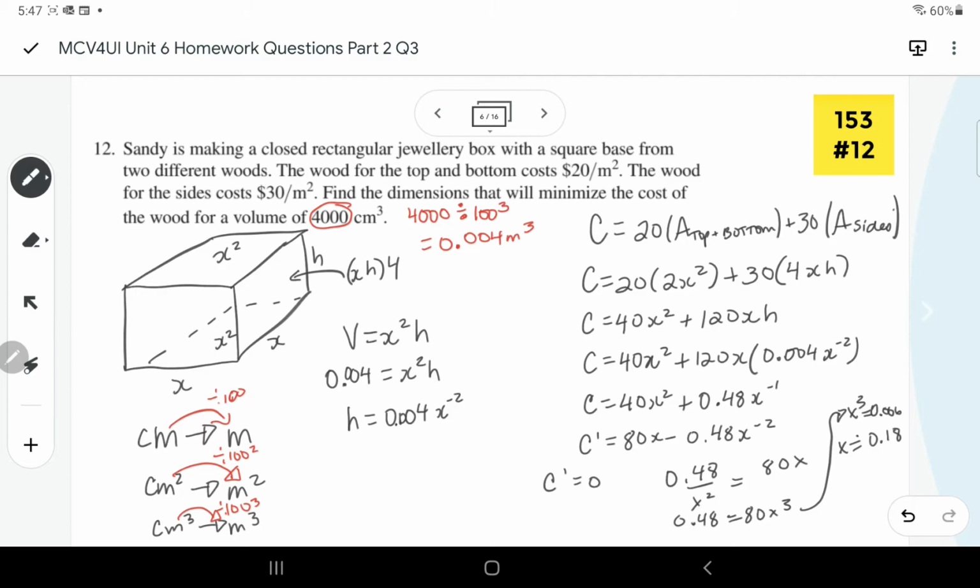So we could do the comparison here. We could talk about what reasonable bounds would be to try and figure out where this was increasing or where it was decreasing. I'm going to try and squeeze that in a little bit here. So if x was 0.18 meters, that would be 18 centimeters.